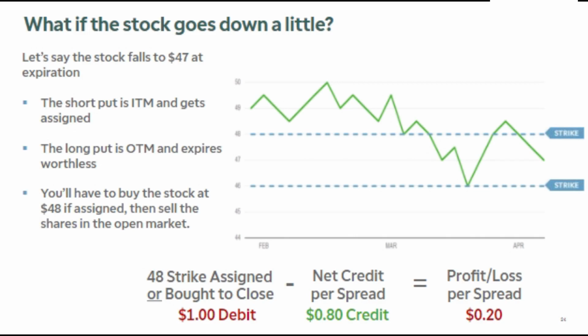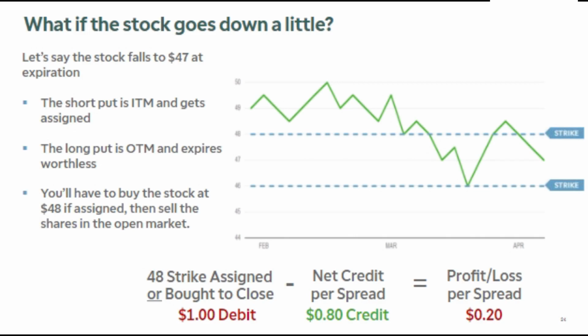Or right before expiration, again, a couple hours, whatever, if it's trading at 47, we could buy back the 48, and it should be trading around its intrinsic value. Again, dig back deep to week 2 when we talked about intrinsic and extrinsic value. We know as we get close to expiration, options gravitate towards their intrinsic value and start having no extrinsic value left.